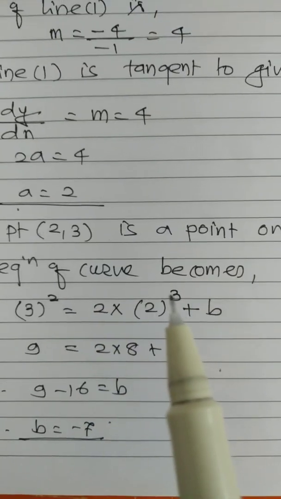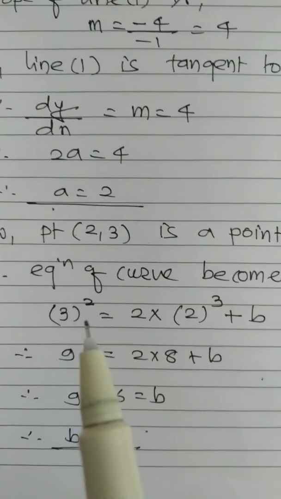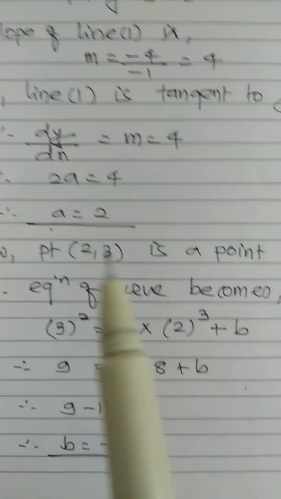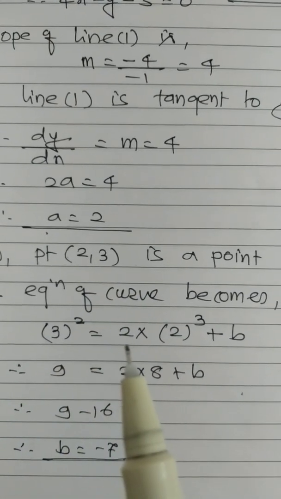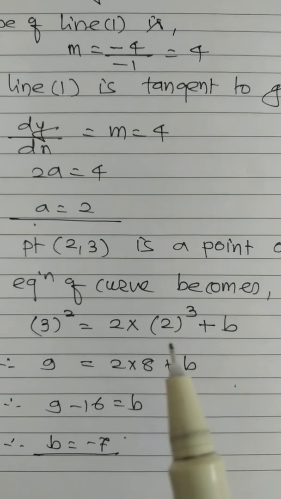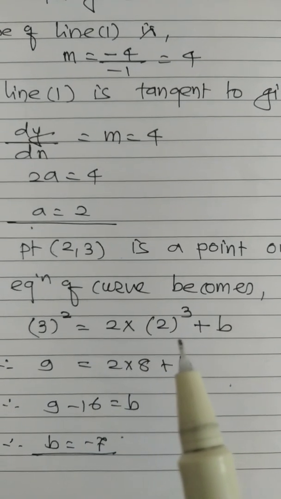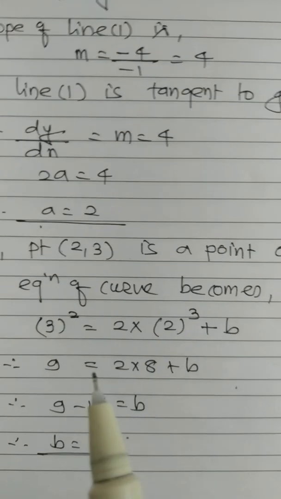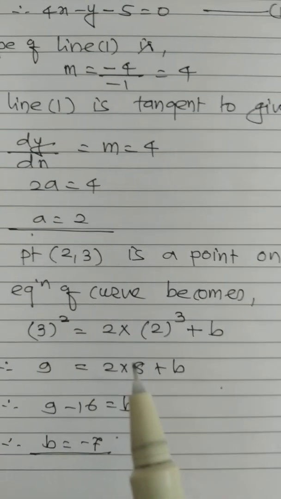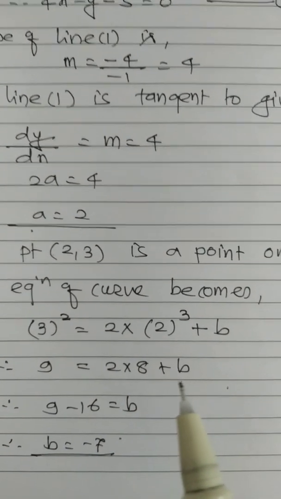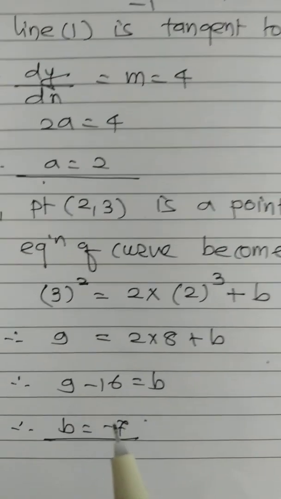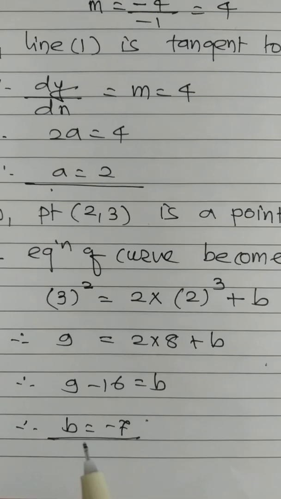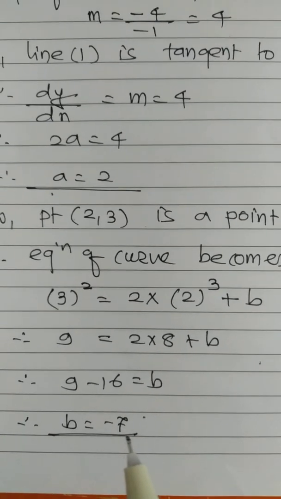So the equation of the curve becomes, put x equals 2 and y equals 3: 3 squared equals 2, which is the value of a, times 2 cubed, the value of x, plus b as it is. So 9 equals 2 multiplied by 2 cubed, which is 8, plus b. So 9 - 16 equals b. So finally, what is the value of b? The second constant is -7.